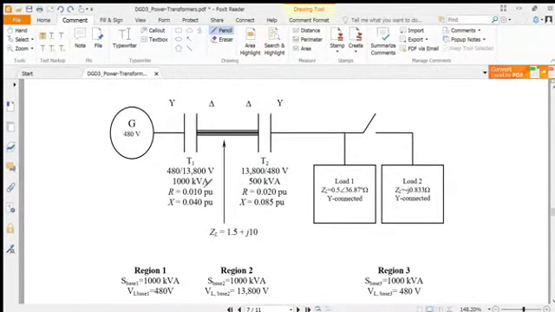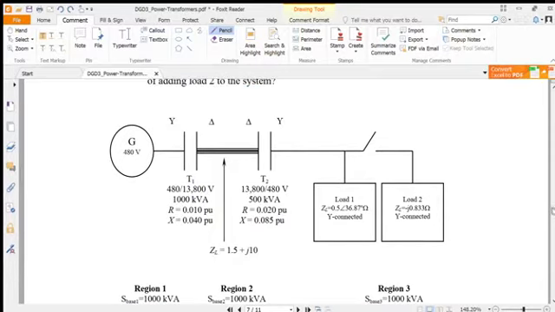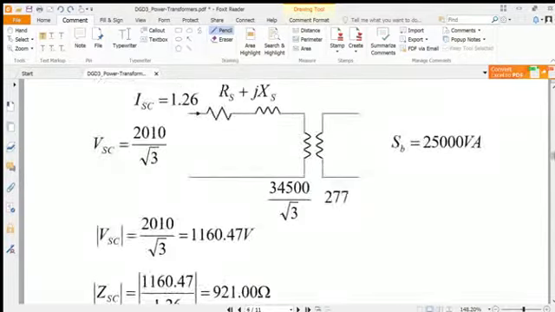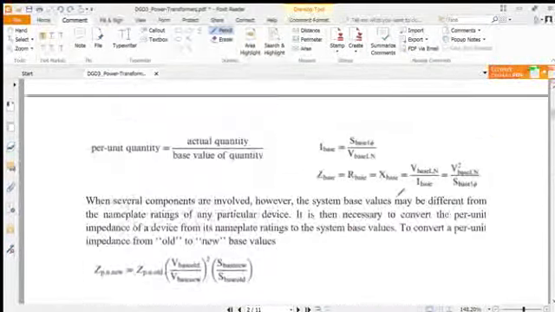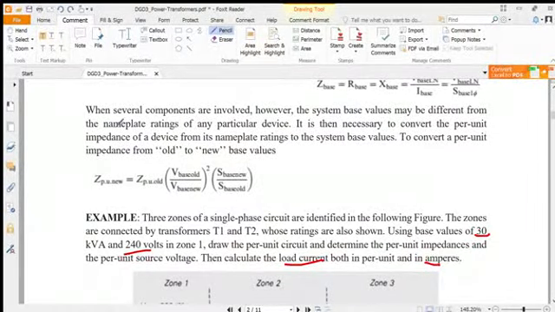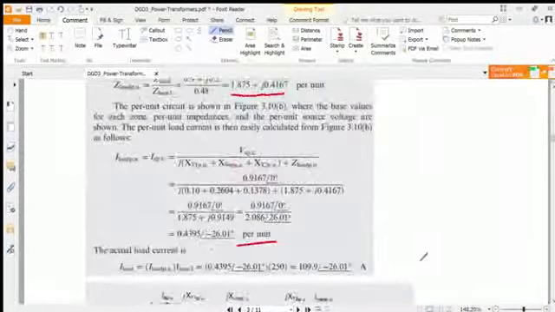And one more thing, since two transformers are connected and several components are involved here, we have to use the above formula.